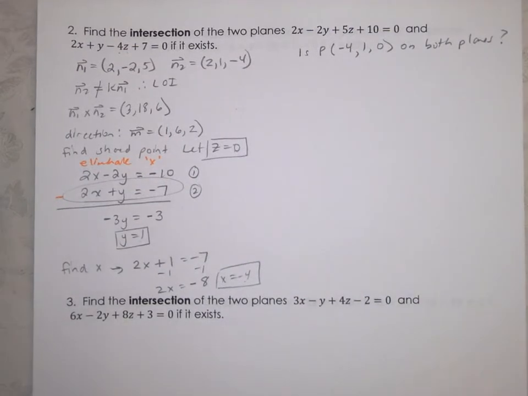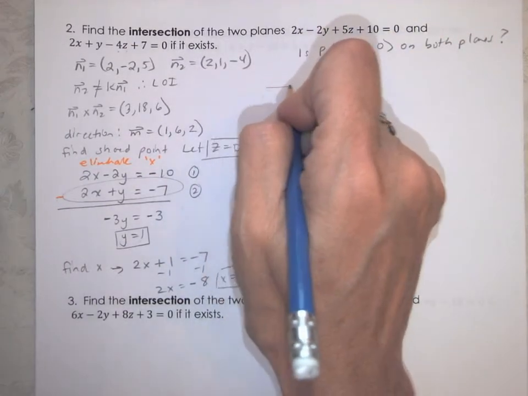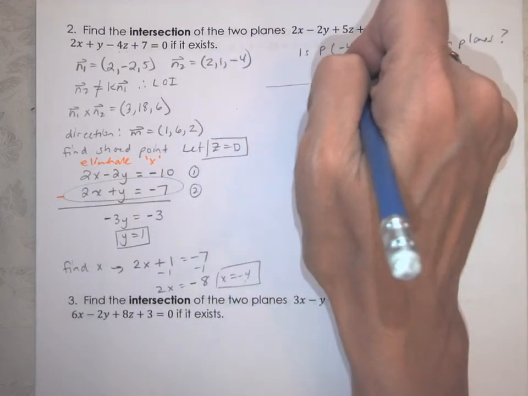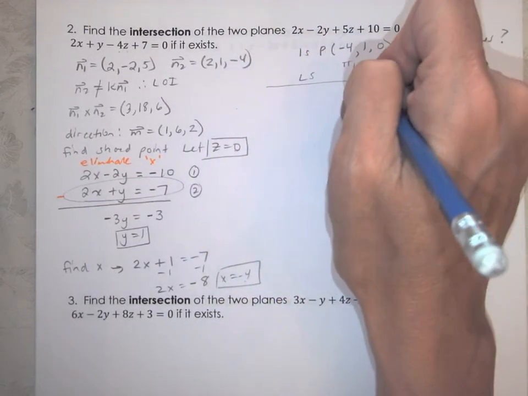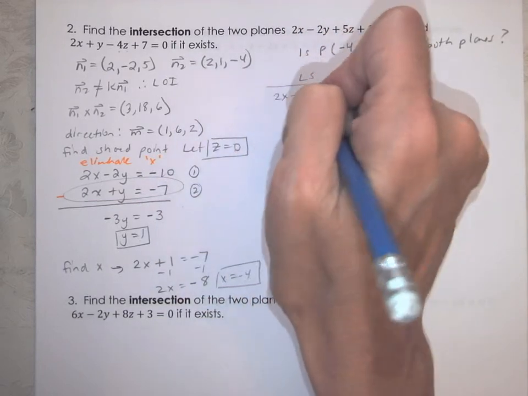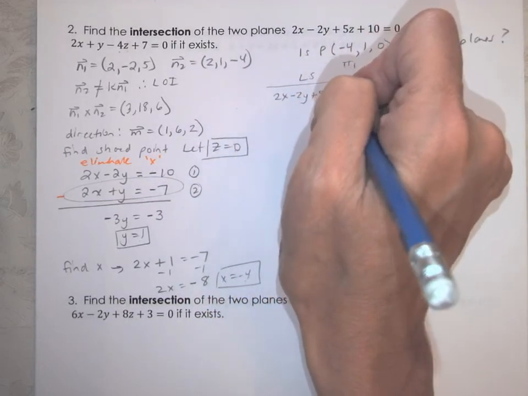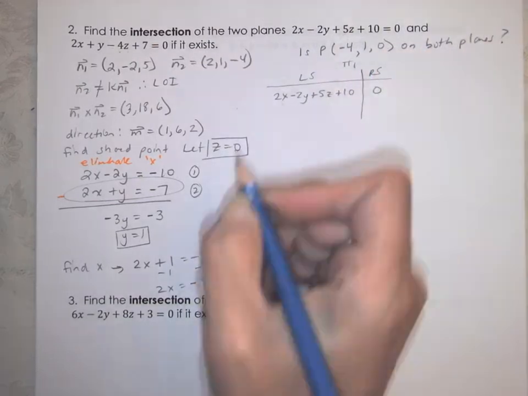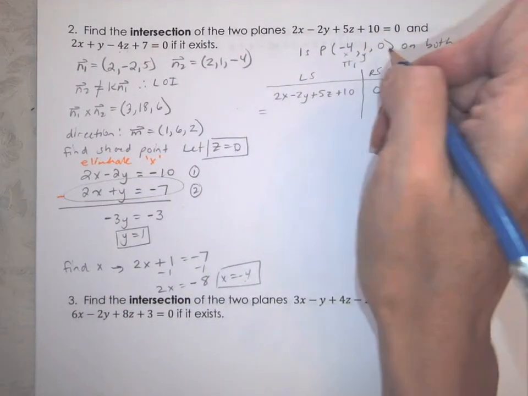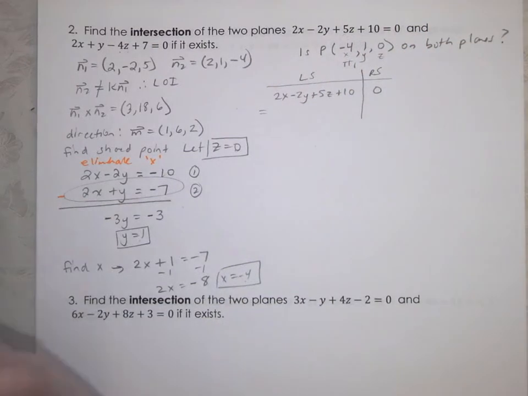So we can check that. We can check that it's true for the first plane, pi 1 here. On the left side we have 2x minus 2y plus 5z plus 10, and on the right side we have 0. We're checking the point x is -4, y is 1, z is 0.